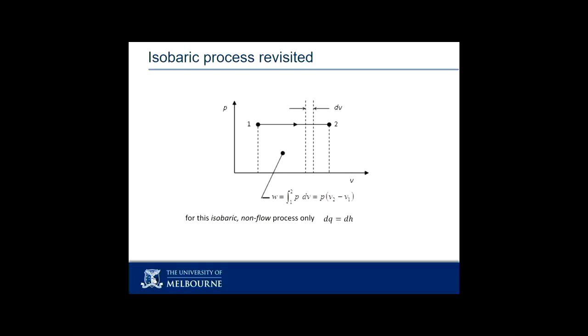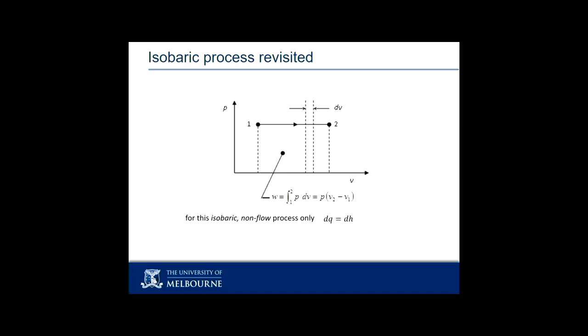All that stuff that I've just done gives me this neat idea that for this isobaric process, the heat transfer is delta H. So all that hand waving that we just did and all the little shifting things from one side to the other, now I have, because I had dq minus dw equals du, and I took the dw over the other side, and then we invented the idea of enthalpy.